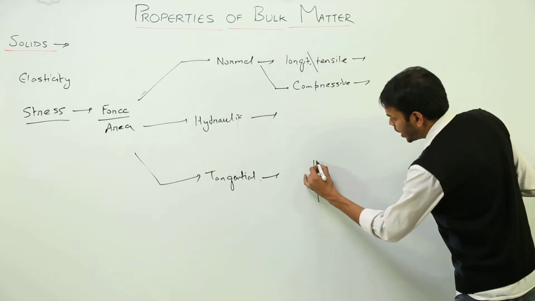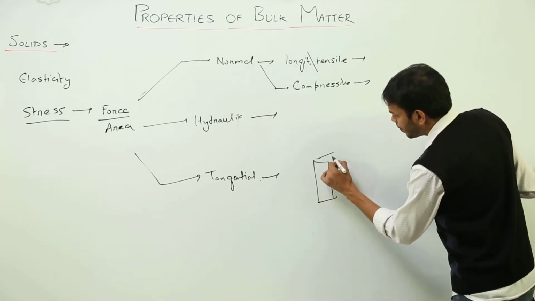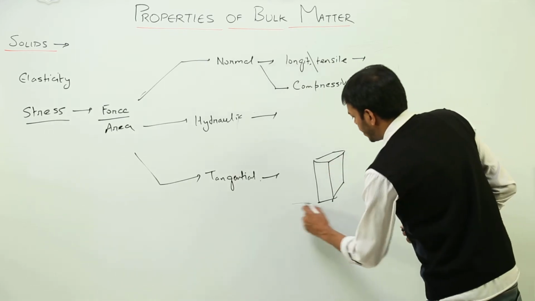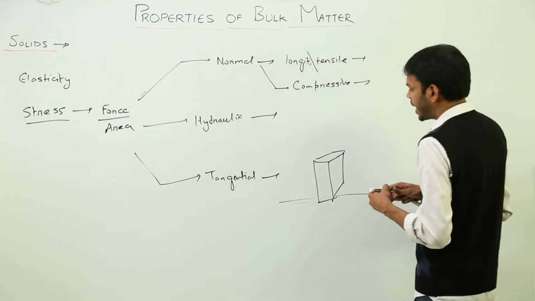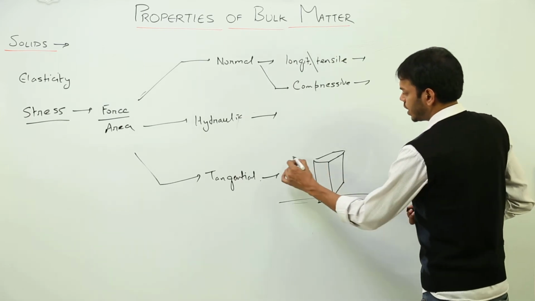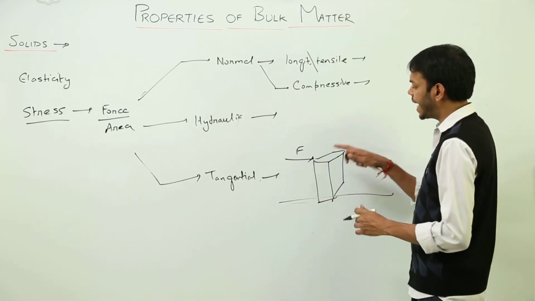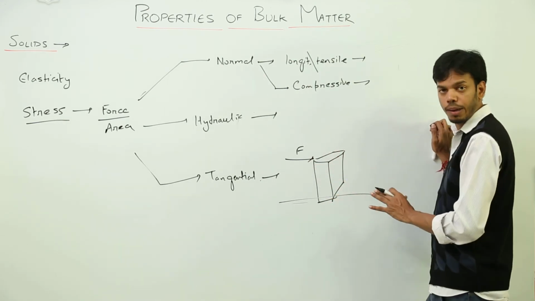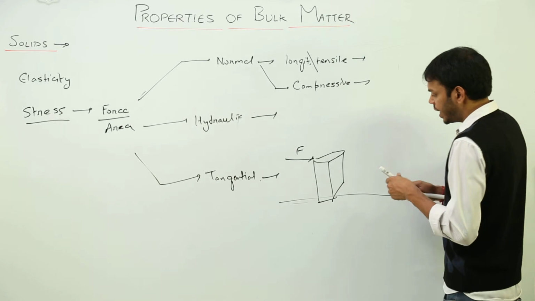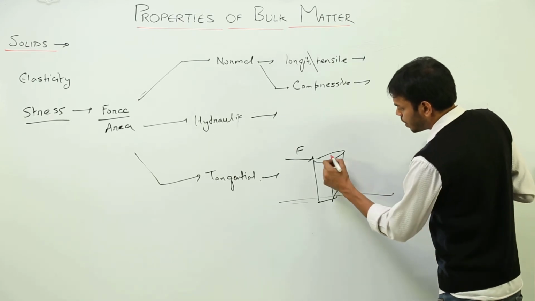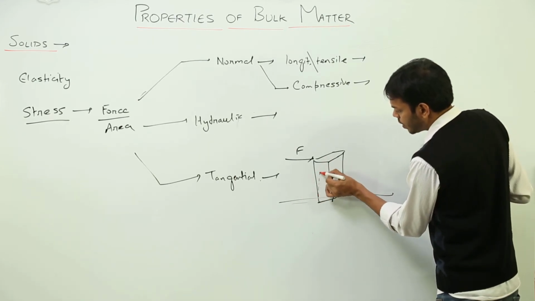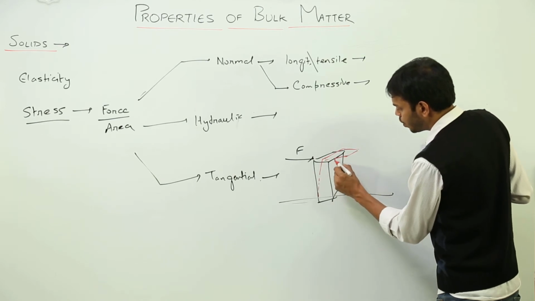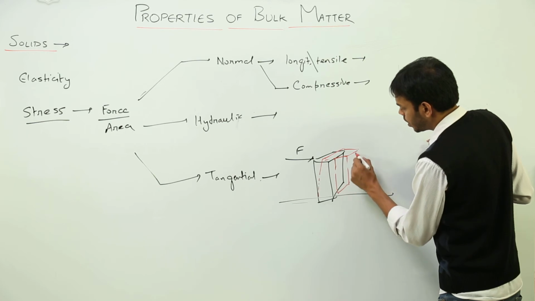Suppose we have a cuboid, and the force acting on the cuboid was this F, but the force was acting only on the upper surface of the body, not on the lower, not in the middle, only the upper surface. So what will happen? It will get displaced from its position a bit, and this will be the new position of the body, right?